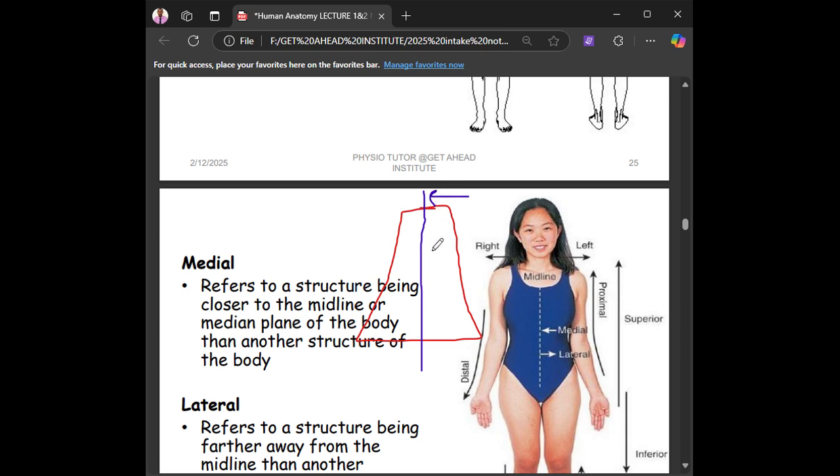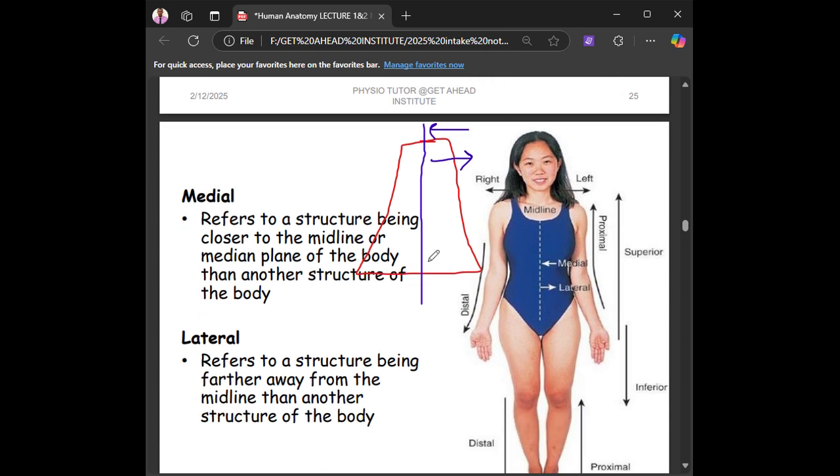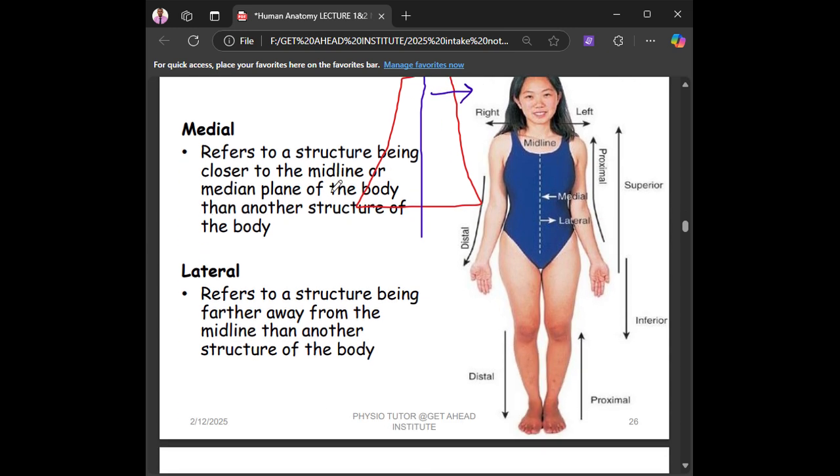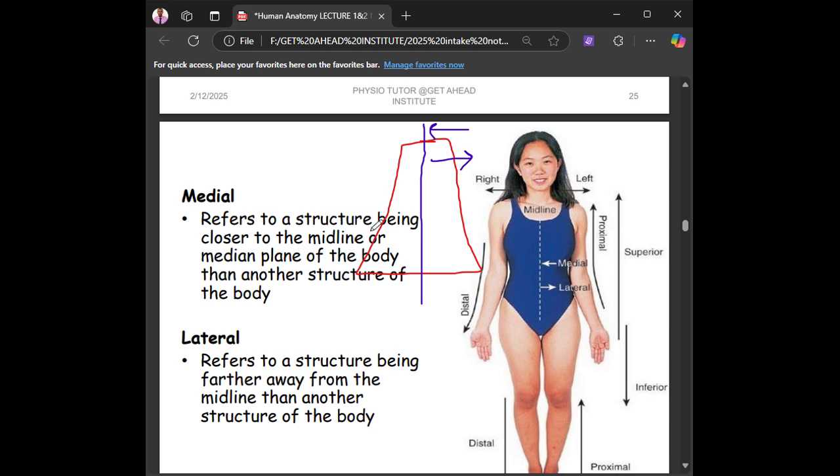When we move away from the midline, it becomes what we call lateral. Towards the midline, it's medial. Away from the midline, that is lateral. In other words, medial refers to a structure being closer to the midline or median plane of the body than another structure.